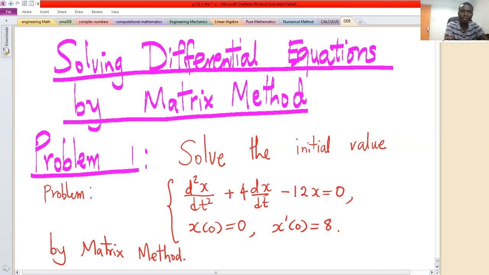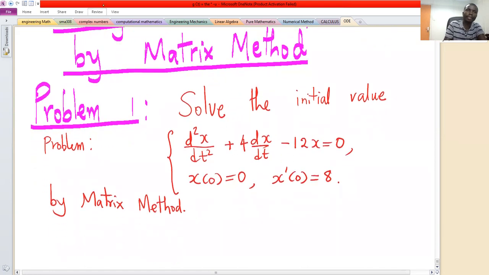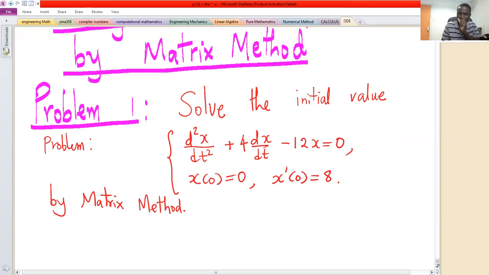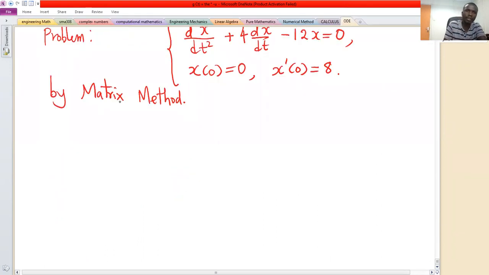Now, to solve this equation by matrix method, these are the steps you need to follow. Steps.